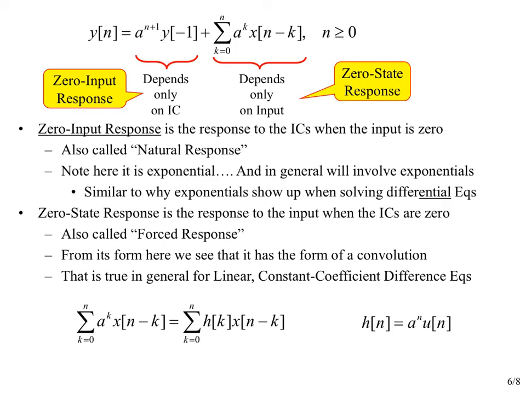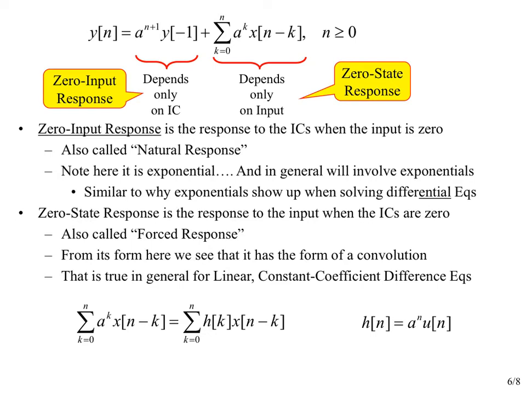And notice that it's an exponential response here, and we've already seen from our Z-transform studies that exponentials show up in a natural way, and so that's no surprise. And then the other term, 0 state response, is the response to the input when the ICs are 0.